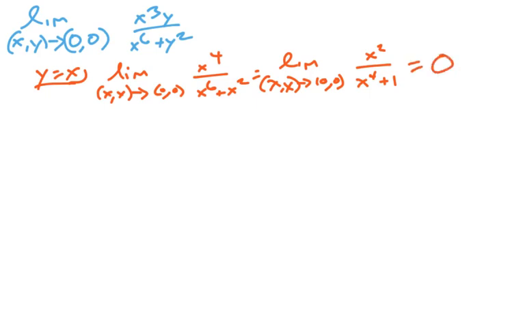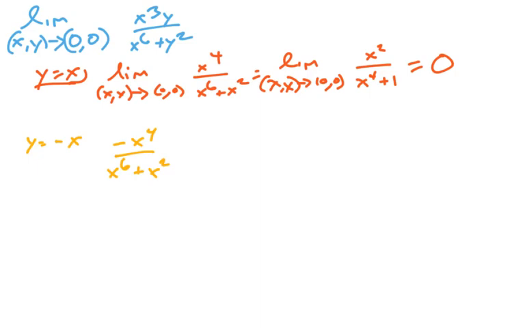The reason this one's a little tricky is, if you try y equals negative x, let me briefly show you what happens. You would have negative x to the 4th up top, and then x to the 6th plus the negative x being squared, which would give you x squared.